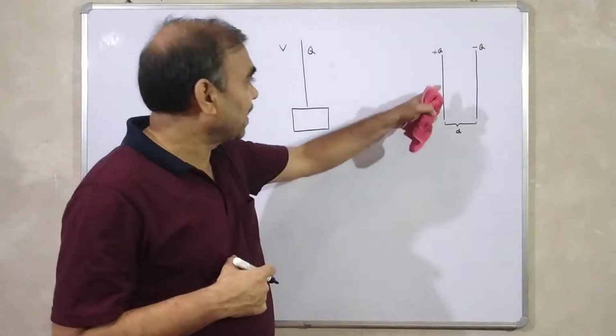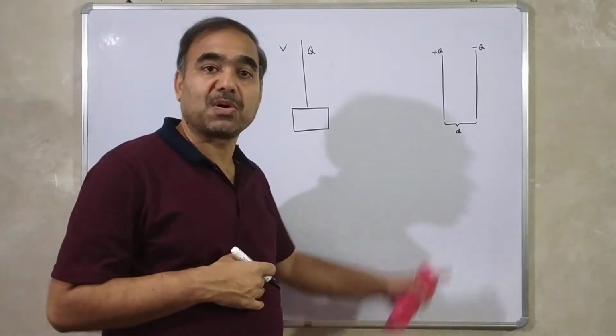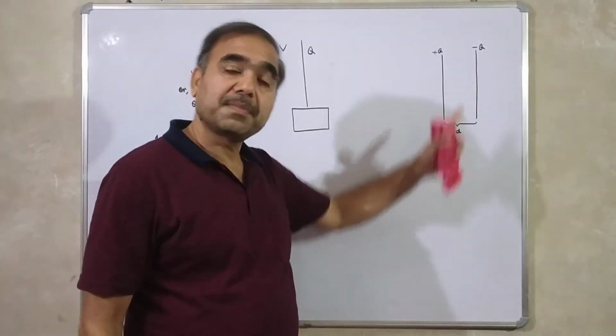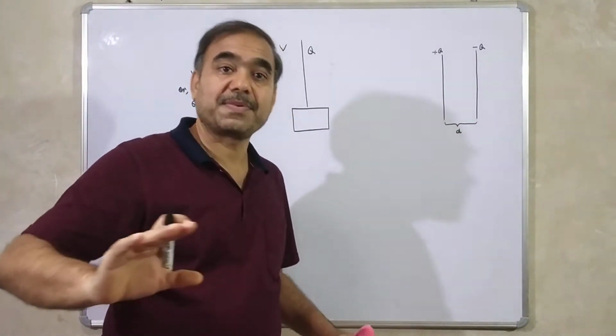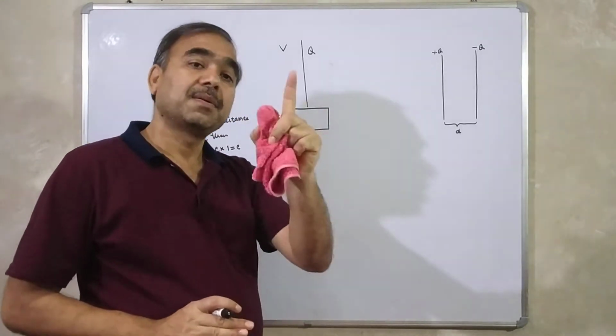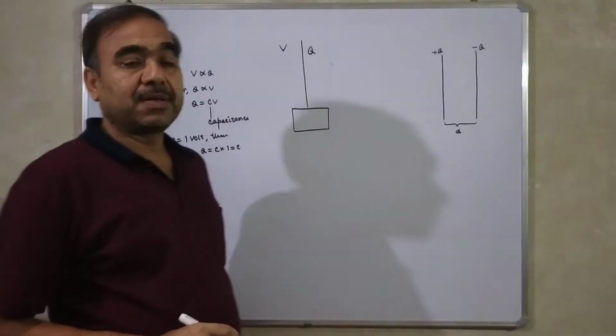But in the pair of conductors, if there is charge Q on one conductor, on the other conductor the charge will be minus Q. But on the capacitor the charge is Q. Only we have to mention there plus Q. Right.